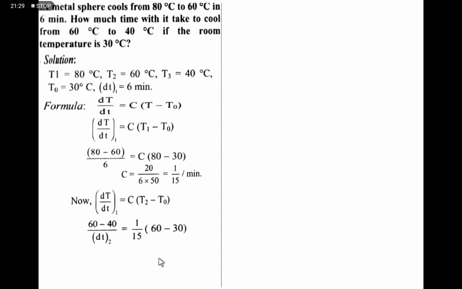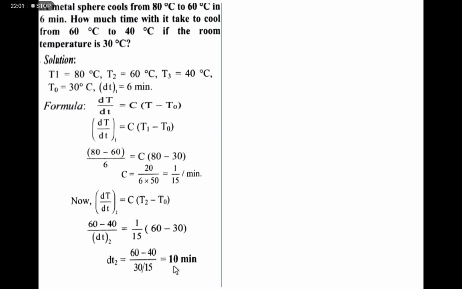Now we'll solve this. 60 minus 30 is 30. So 30 divided by 15 is 2. dt has to be found out. 20 divided by 2 is 10. So dt is equal to 60 minus 40 divided by 2. So 10 minutes is required to cool the body from 60 degrees to 40 degrees Celsius.